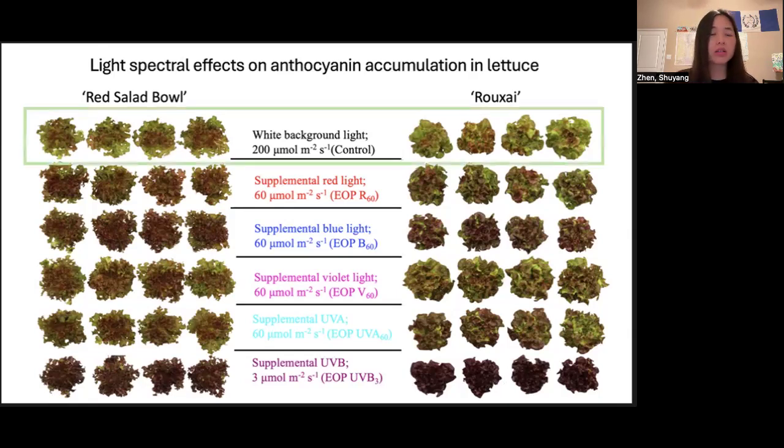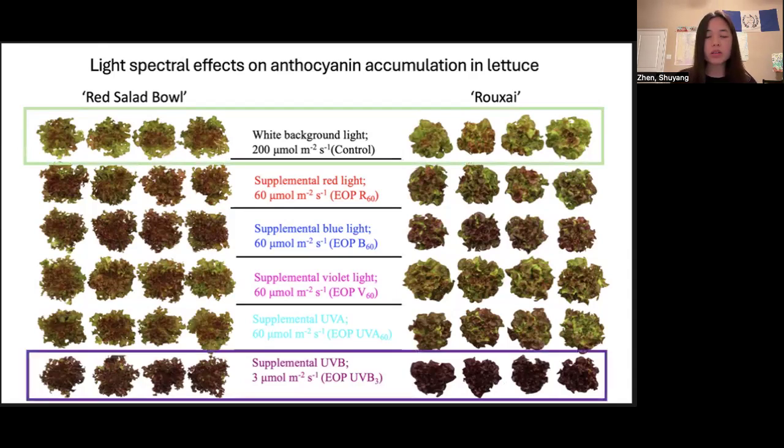Here you can see the red lettuce cultivars grown under a relatively low level of white light did not have enough red coloration to be considered of high quality, but the supplementation with low level UV-B really caused intense red coloration in both cultivars.